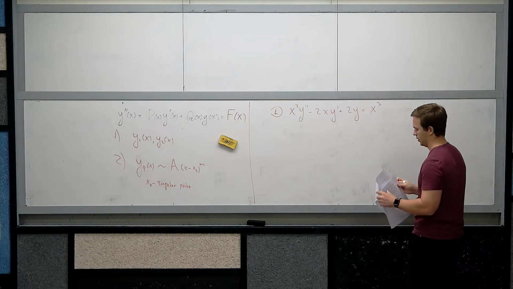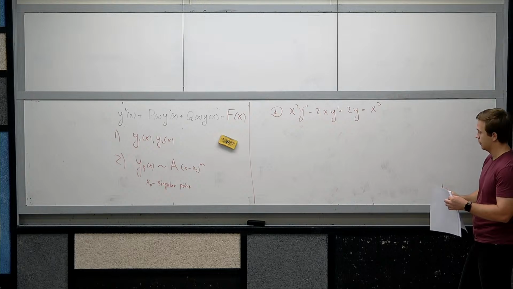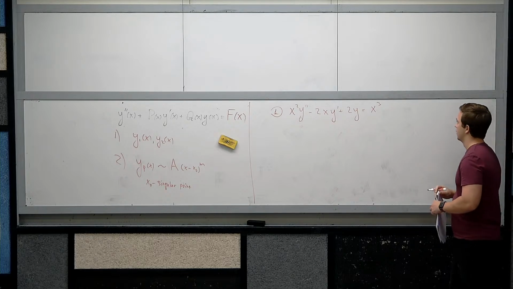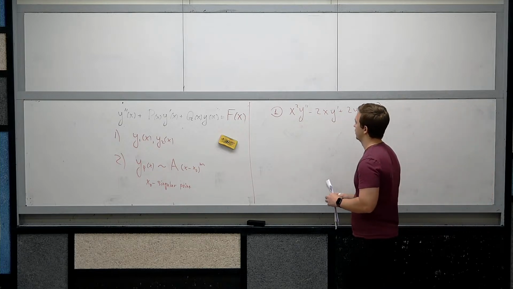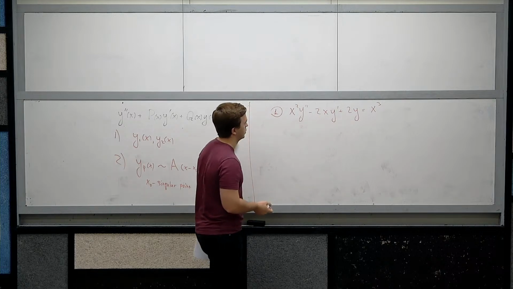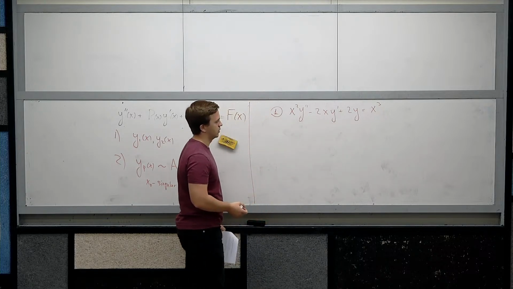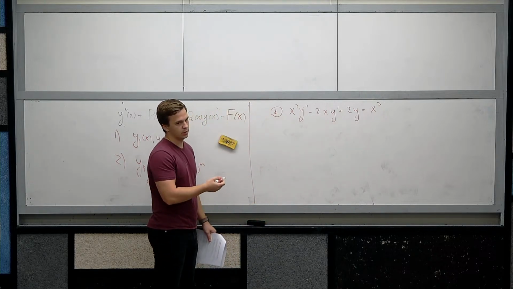We need to find the general solution of this differential equation. So the first step is to find two solutions of the homogeneous equation. And you can see that this is actually the Euler-Cauchy equation.